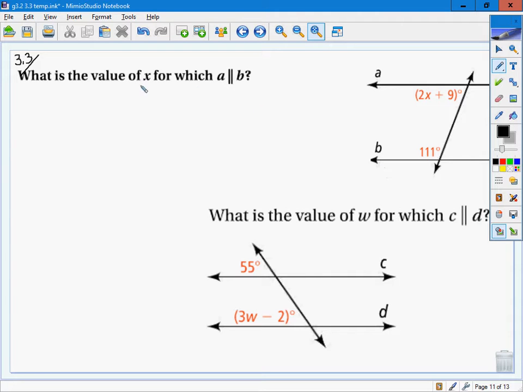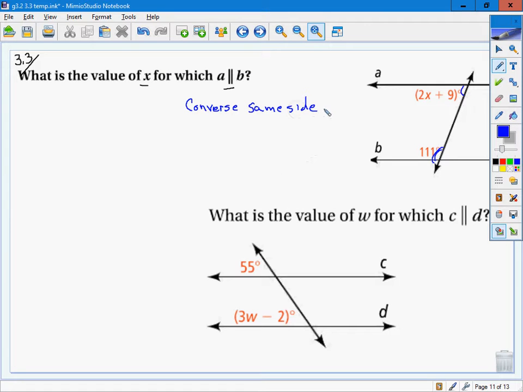In fact, they want me to find a value for x that's going to make the lines what? Parallel. Since I want to make the lines parallel, I am using a converse. Okay? And I have to look at where the angles are. What type of angles are they? Same side interior. So I'm using the converse of the same side interior angles to set up my equation.